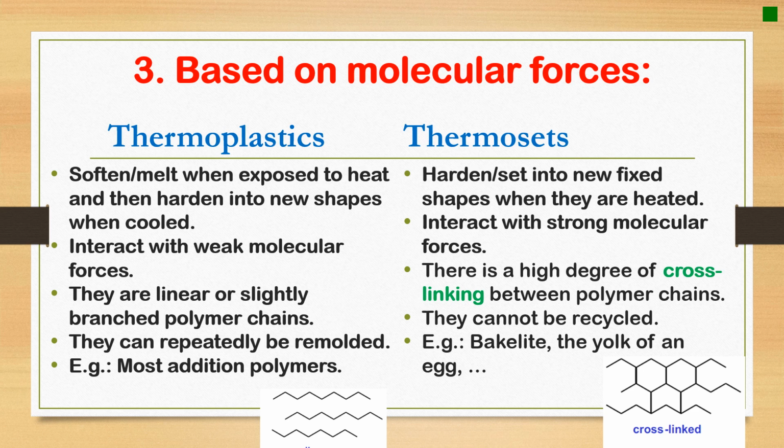Examples are bakelite, the yolk of an egg, as we have said, vulcanized rubber. You know that there are cross-links of sulfur in vulcanized rubber. When you heat it, the cross-linking between the molecules increases.